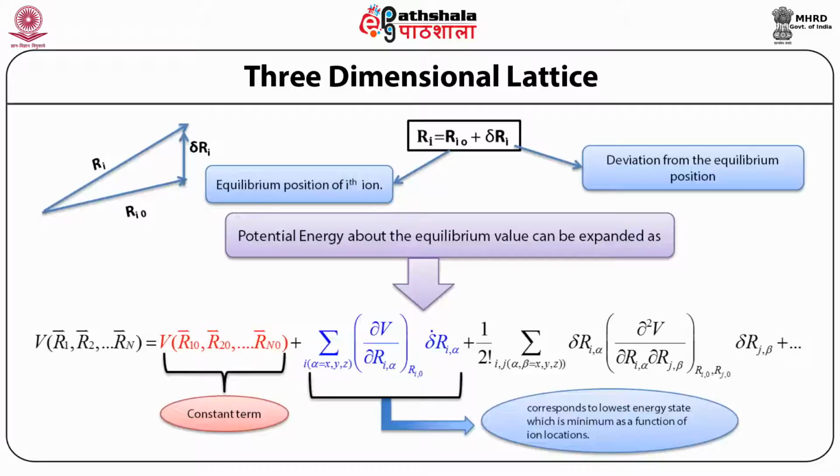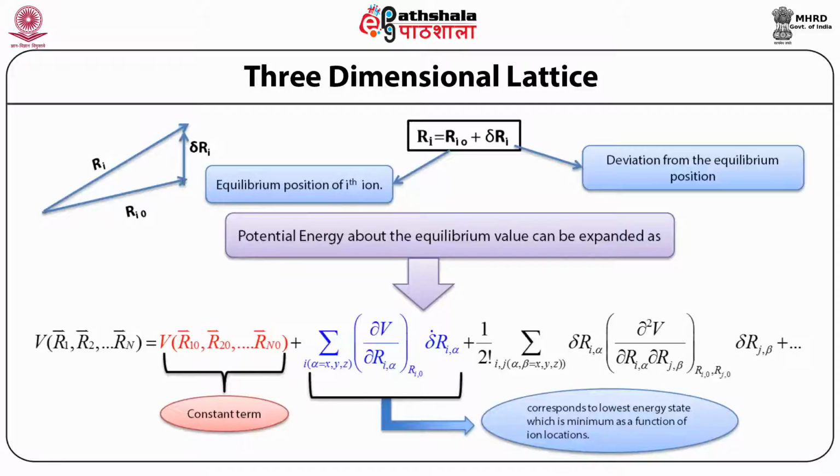And then the third term is the so-called harmonic term, which contains the second partial derivatives of the potential. So the first term, again I repeat, is the constant term, and the second term corresponds to the lowest energy state, which is a minimum as a function of the ion locations.